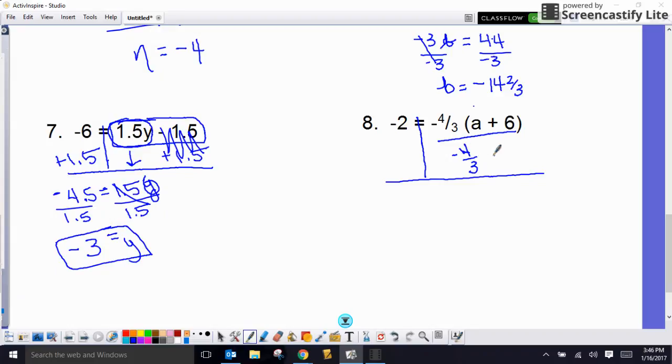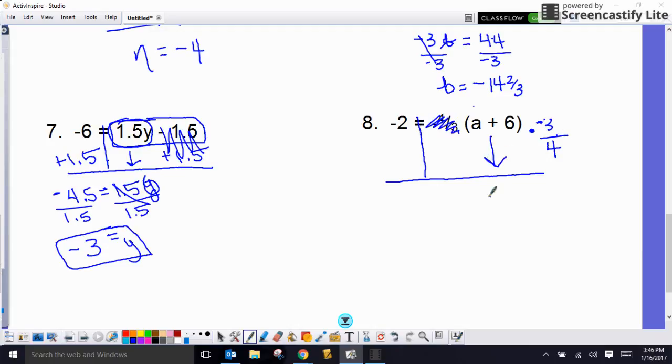I can't put that off until later. So remember what happens when you divide by a fraction? Yep, that's right. You're really multiplying by the reciprocal. So in order to divide by -4/3, I'm actually going to multiply by -3/4. That gets rid of this.